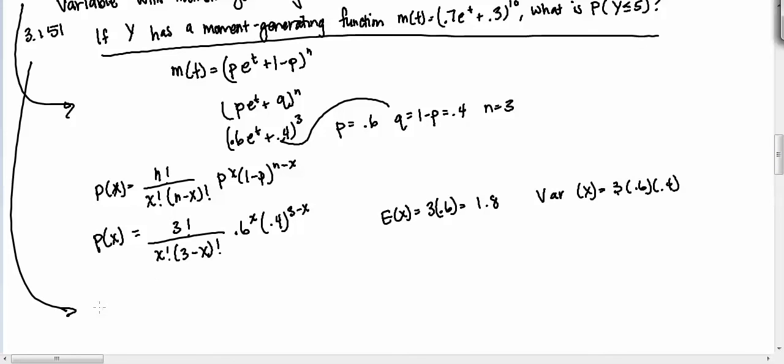Comparing it again to our general moment generating function, I can tell that p is 0.7 in this case, and n is equal to 10, right? Because the exponent is the n.